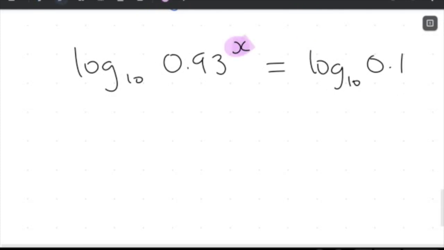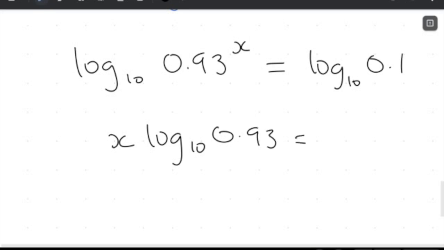And now the exact same thing happens. We want to find a way to get to this power. So we're going to use our log law we talked about before to bring this power out the front. x times log to the base 10 of 0.93 equals log to the base 10 of 0.1.